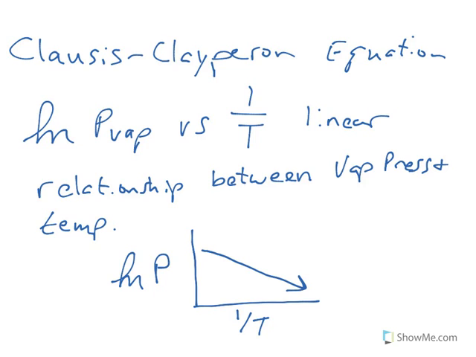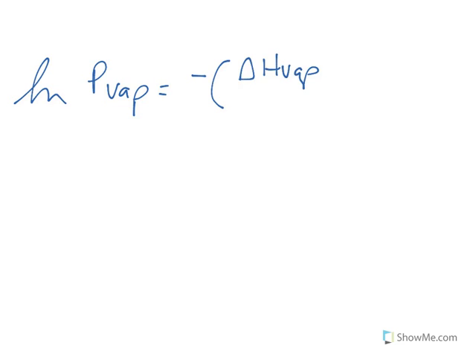Since it's a linear line, we have ln of P vap equals negative delta H of vaporization over R times 1 over T plus some constant C.